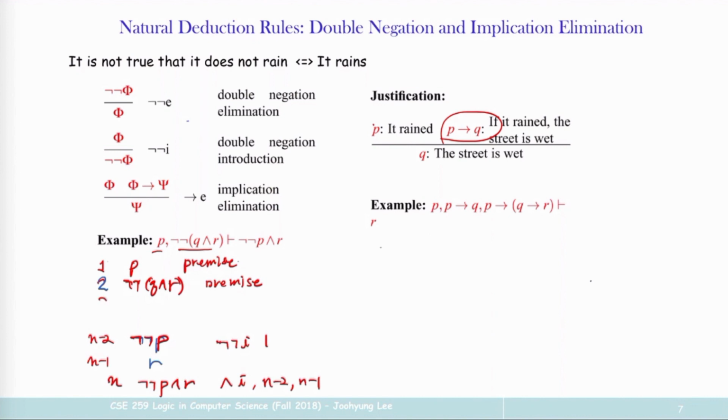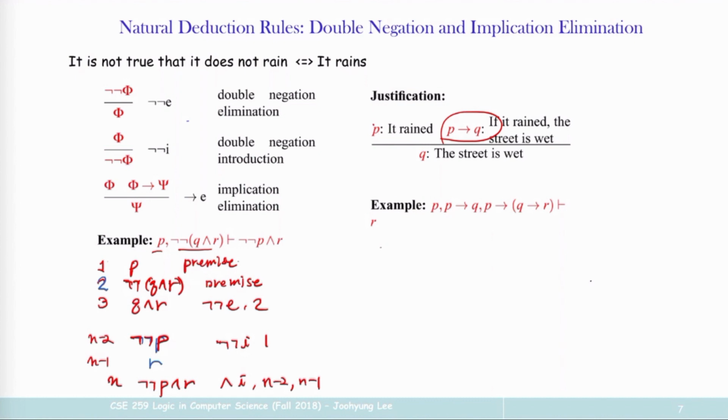We can get rid of this double negation because it is too much. So we can eliminate double negation from line 2. Q and R become true from not not Q and R. So if we know not not Q and R, then we can eliminate double negation, so we can derive Q and R. That seems a bit simpler, but still our goal is to prove R, right?